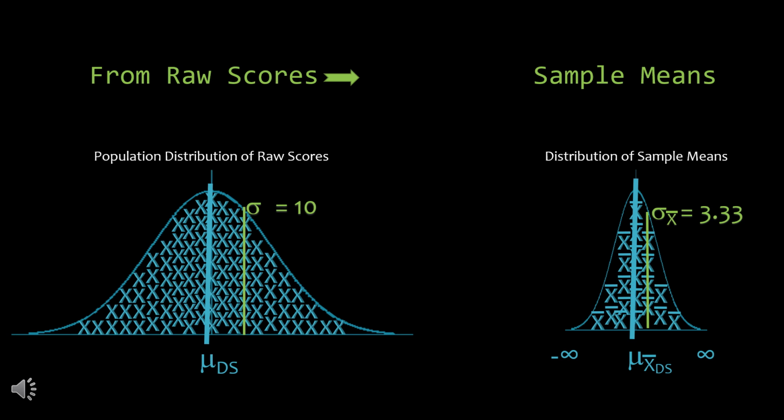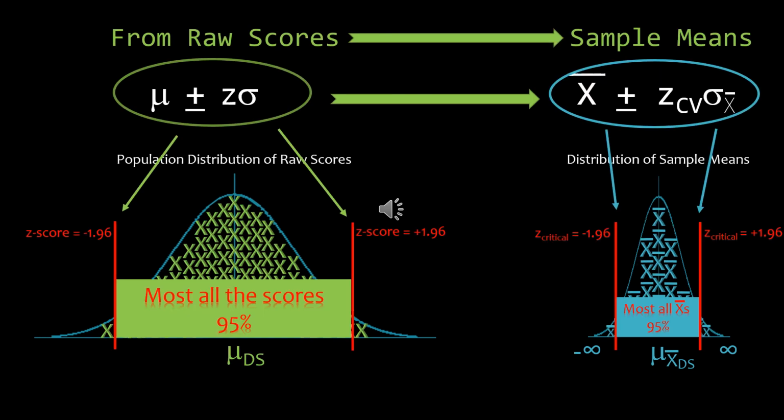That 57.77 might be any one of those means in that sampling distribution of the mean. Most all of the scores, 95% of the scores, are between plus and minus z-scores of 1.96, and most means are between plus and minus z-critical values of 1.96.